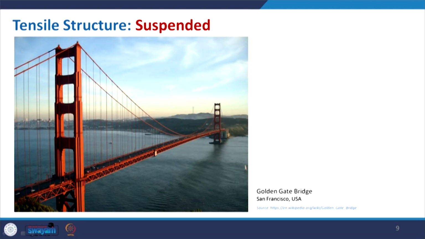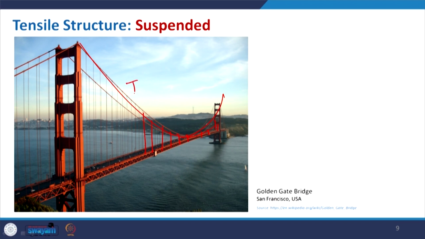Come to the suspended one. So, in this case we started with the Golden Gate Bridge, that image, and here is another image of that, where you get all these vertical members which are giving support, but the main support is being given with this particular cable, which is in tension.